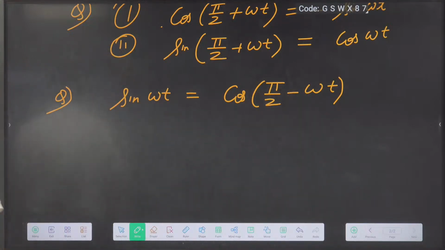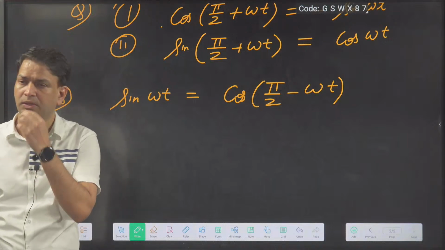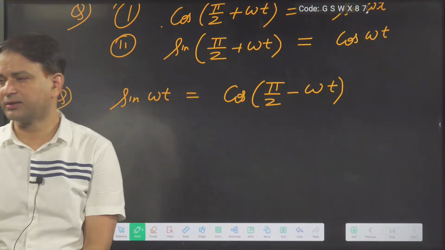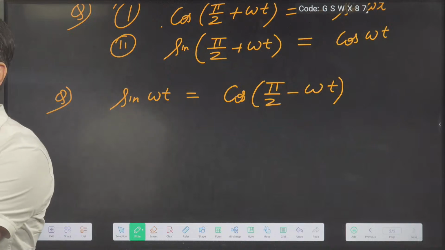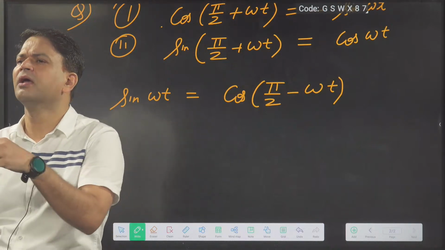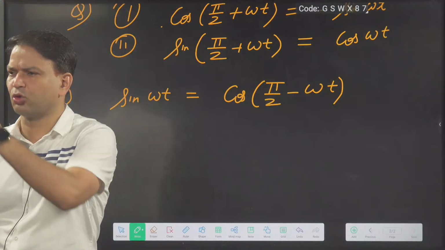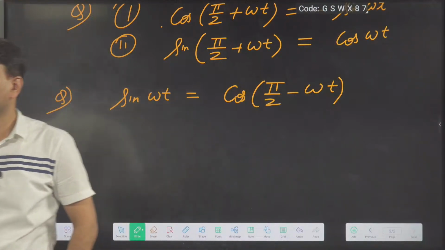Sine omega t. Everybody got it or not? So sine omega t, if I want to represent it in terms of cos, I can say cos of pi by 2 minus omega t. When I write pi by 2 minus, no need to think about the sign, because in the first quadrant all are positive.